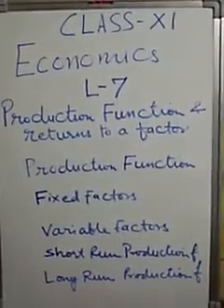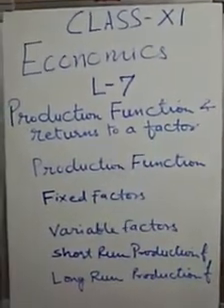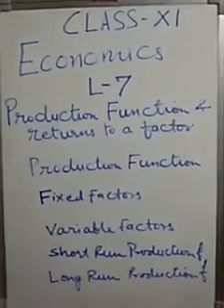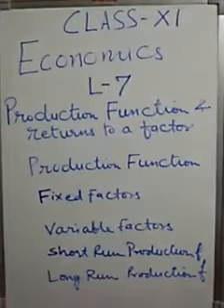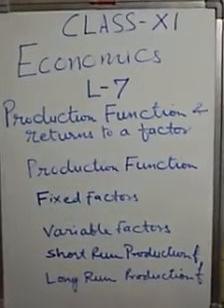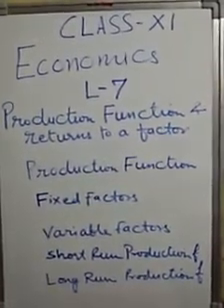Long period is enough time to increase the production capacity or output of a firm. Plant size can also be changed or more and more plants can be installed. Thus, what is a fixed factor during the short period becomes a variable factor over the long period.